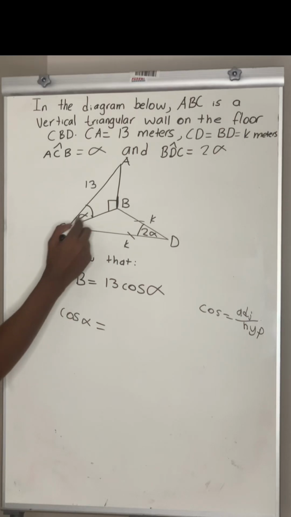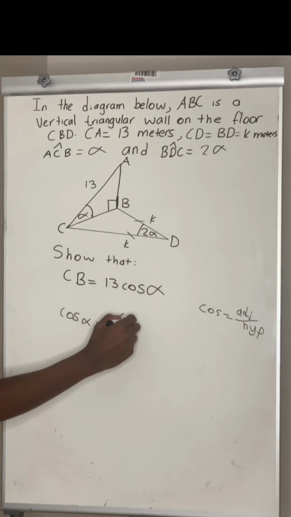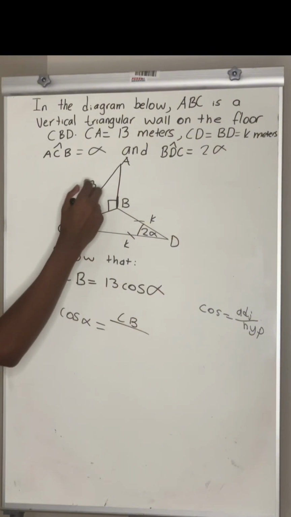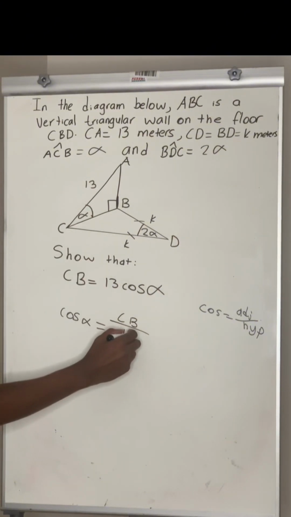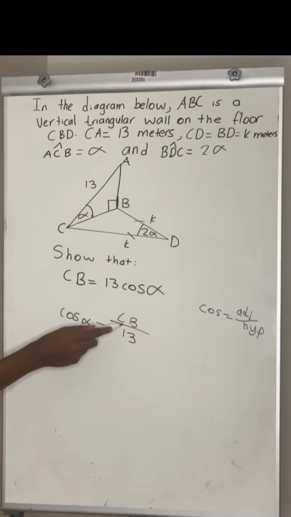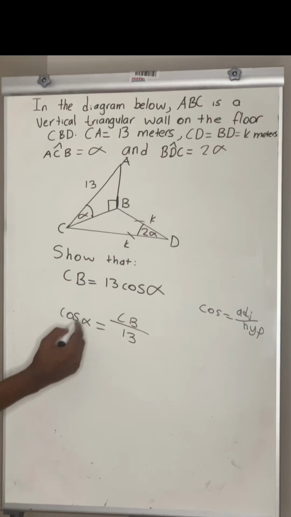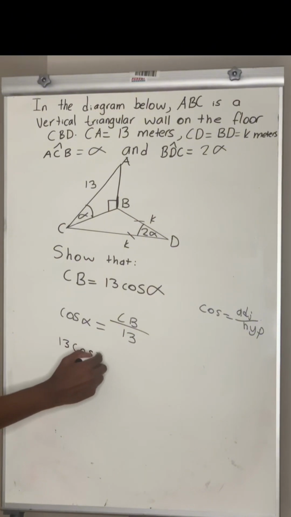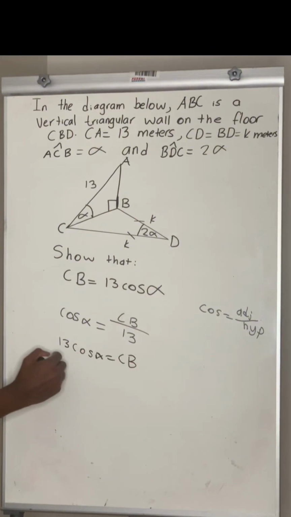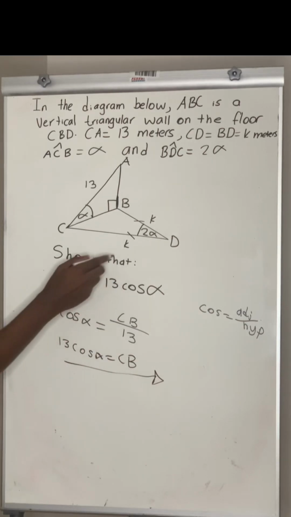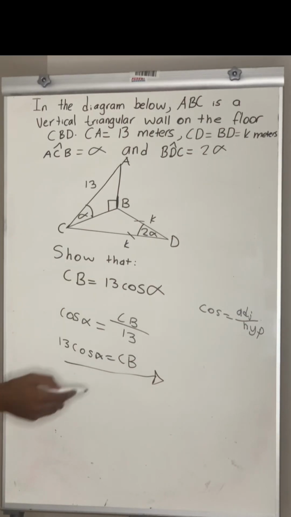Now adjacent to alpha is CB, and then the hypotenuse is 13. Now we have to make CB the subject of the formula, so we're going to take this 13 across, so it's going to be 13 cos alpha is equal to CB. So we have shown that CB is equal to 13 cos alpha.